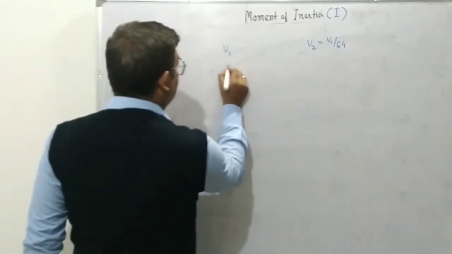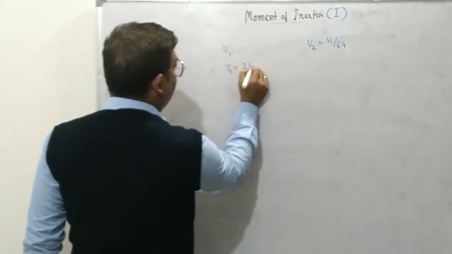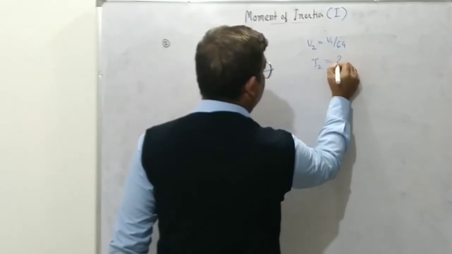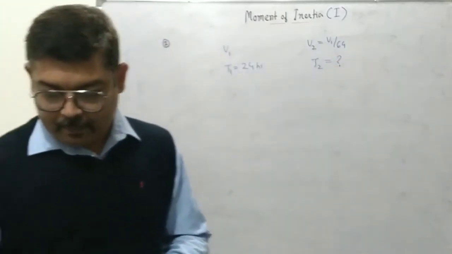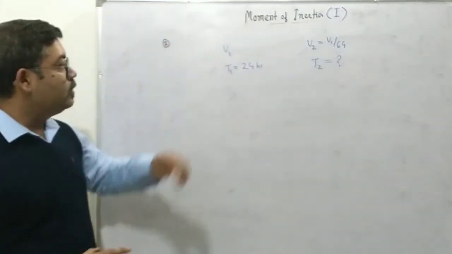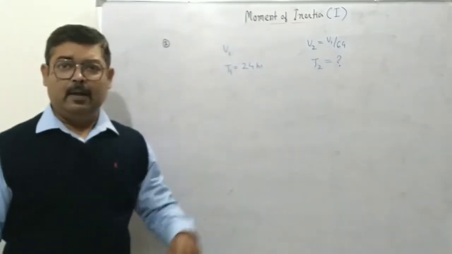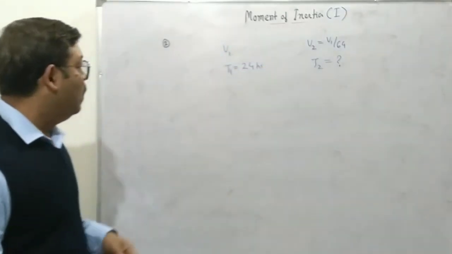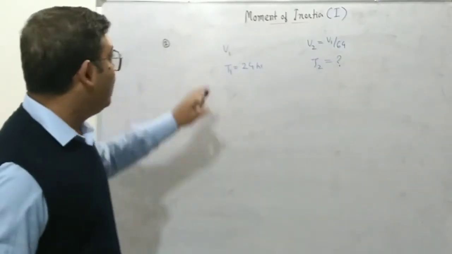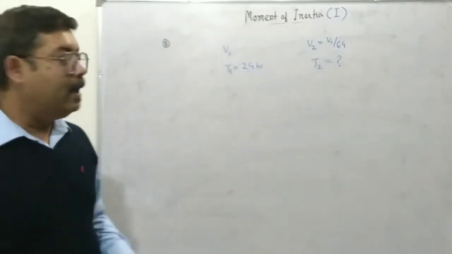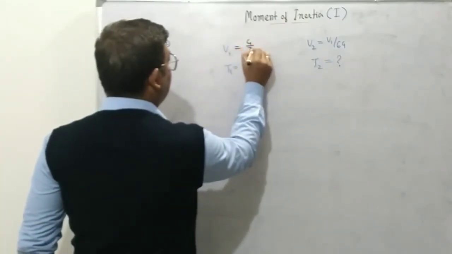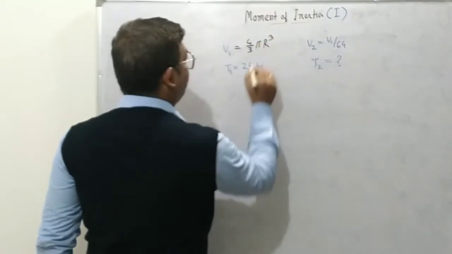T1 we already know, 24 hours. What is going to be the duration of the day, or the time period of rotation of Earth? Now the only problem here is that we cannot use the formula directly as we did in the previous case. First, we need to notice that moment of inertia depends on the radius, and we are not being given the radius. So we'll assume that the current radius of Earth is r, which gives the current volume as 4 by 3 pi r cube.